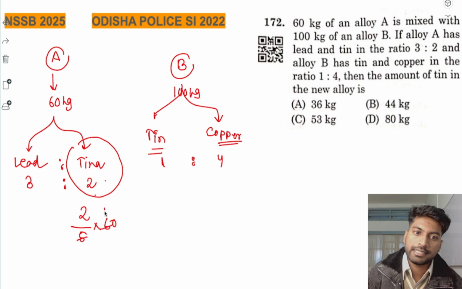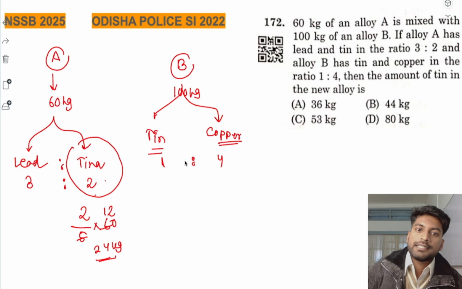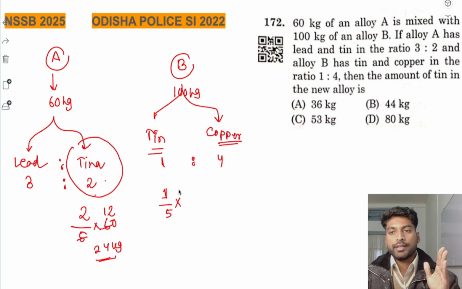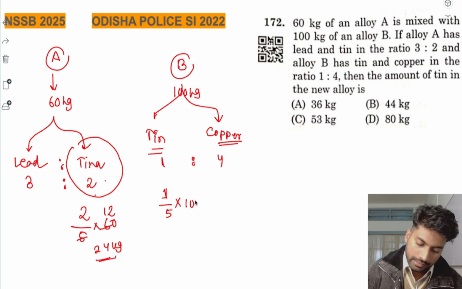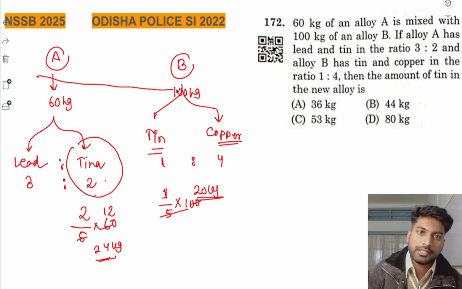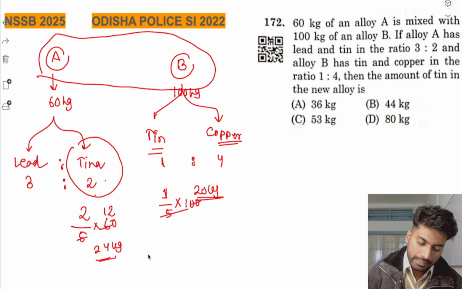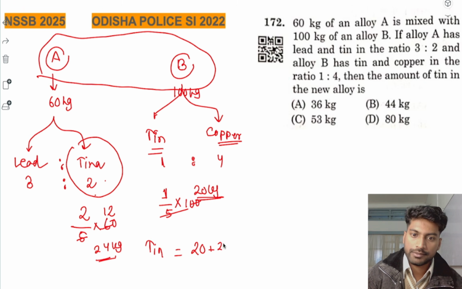So 60 divided by 5 is 12, 12 into 2 is 24 kg of tin. In alloy B, tin is 1 ratio out of 5 ratio, so 100 divided by 5 is 20 kg. If we mix both alloys, the tin will be 20 kg plus 24 kg, that is 44 kg of tin. So option B is again correct.